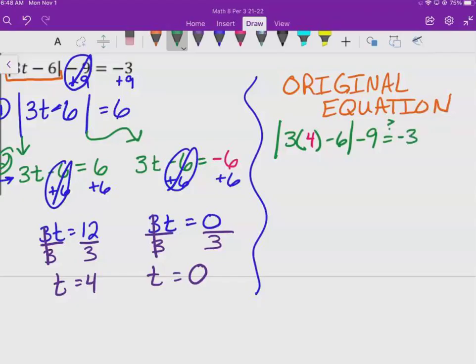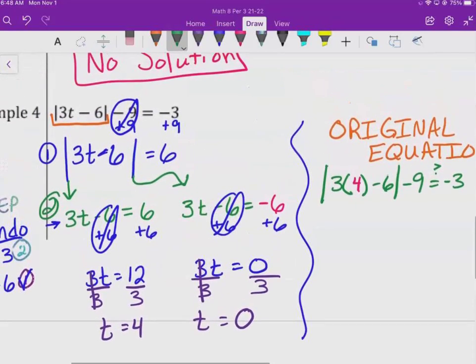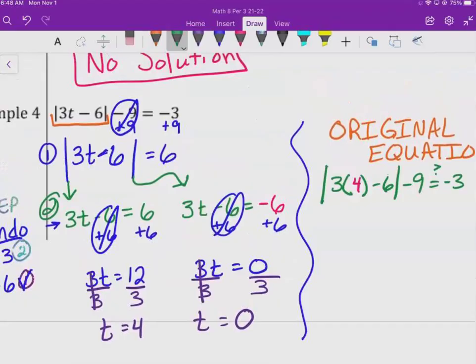Wait a second. Why didn't I do no solution back here? Okay, it is not this step where you make that determination. It is this step. When you have the absolute value isolated, that's when you decide if it's going to be an equation you can actually solve or not. I forgot to grab that at the beginning.